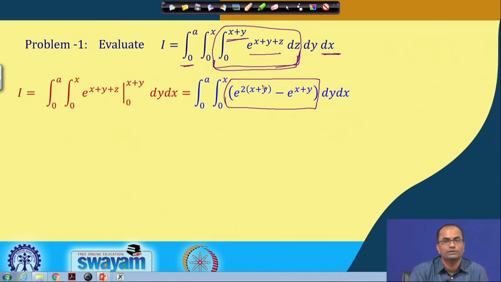So, the order has to be the same here, first the inner one, then the outer, and so on in this sequence. So, here when we get this function of x and y, we can integrate now with respect to y.